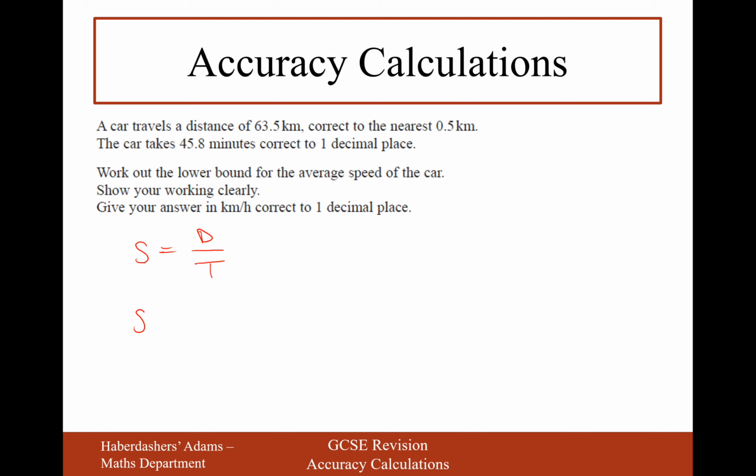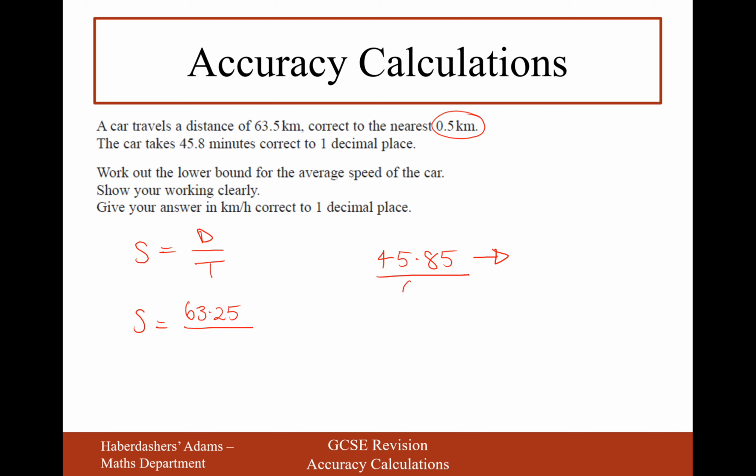So it's going to be speed equals, we're looking to find the lower bound, so that's going to be 63.25 if it's to the nearest 0.5 kilometers. Divide that by 45.85, because if we want to find a lower bound, we're looking to divide by as much as possible.